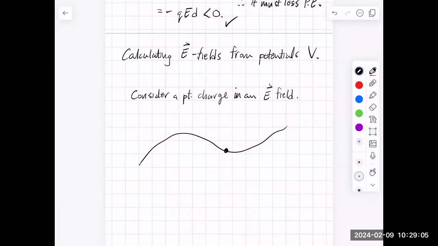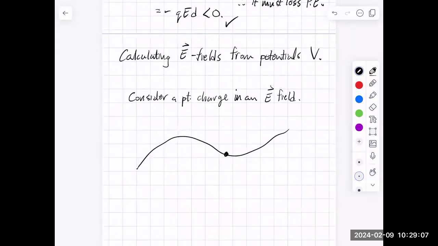Let's suppose that it's moving with some displacement ds in this direction. And at this particular point in space, there's some electric field. We'll draw it in some arbitrary direction. So let's say our electric field is something like this, and so here is theta.